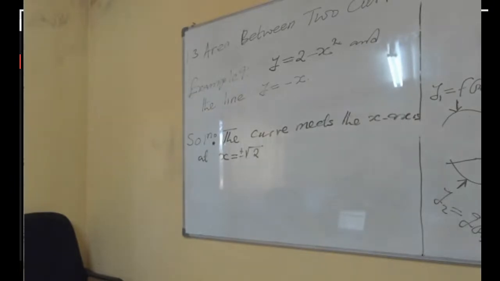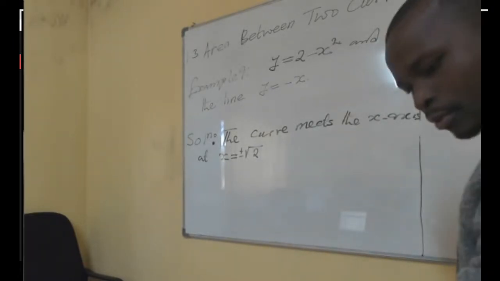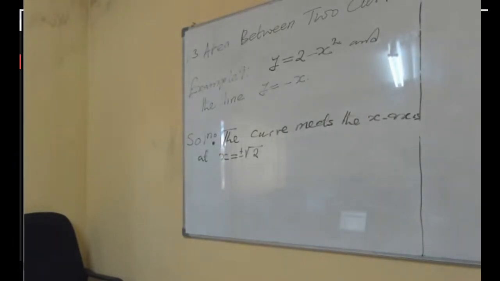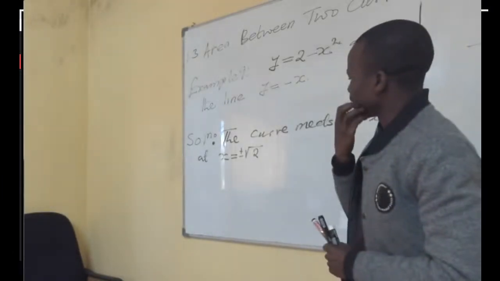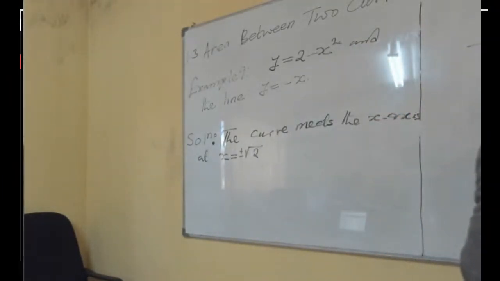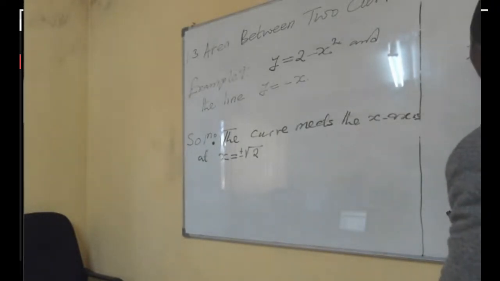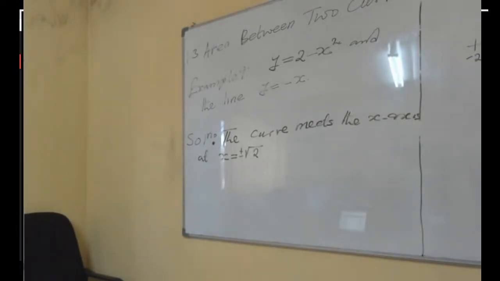So graphically, we have something like this. Our curve will meet the x-axis at, so we have 1, we have 2 there, we have -1, we have -2 there. The turning point will be at 2.